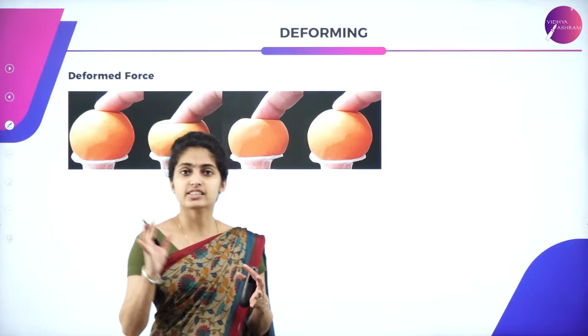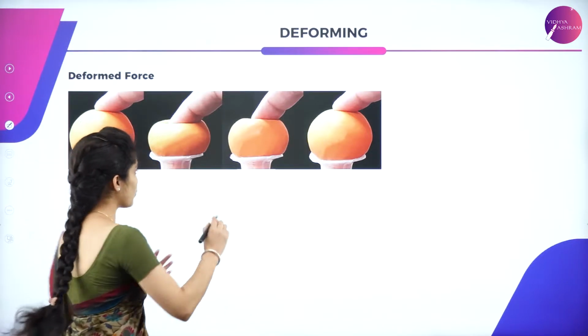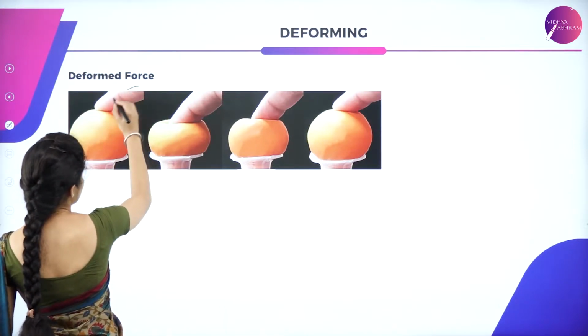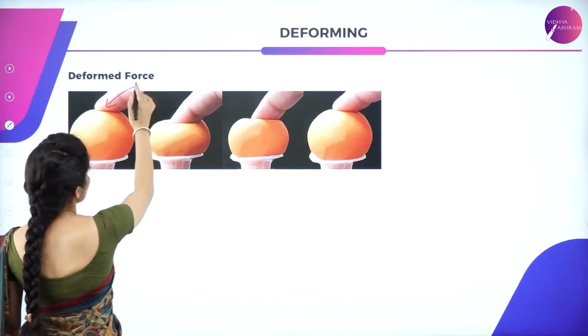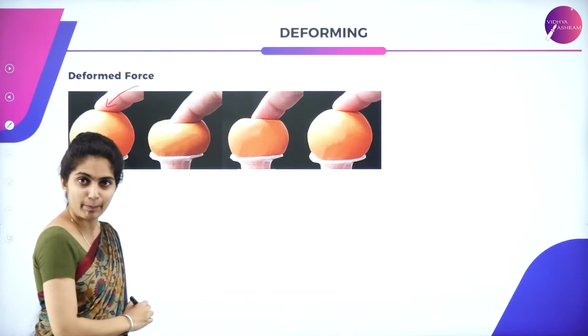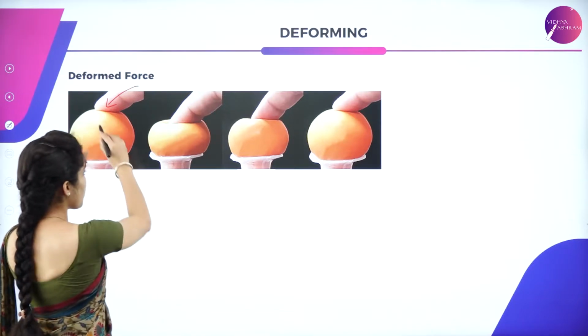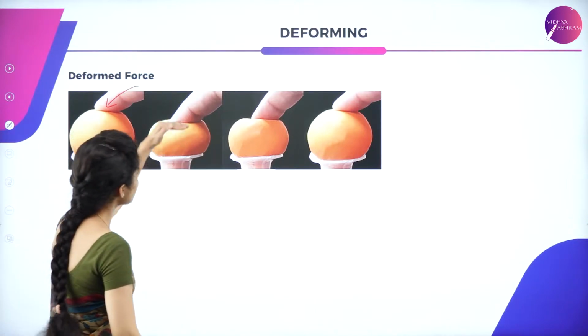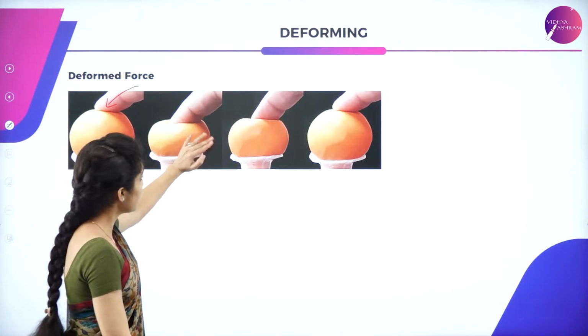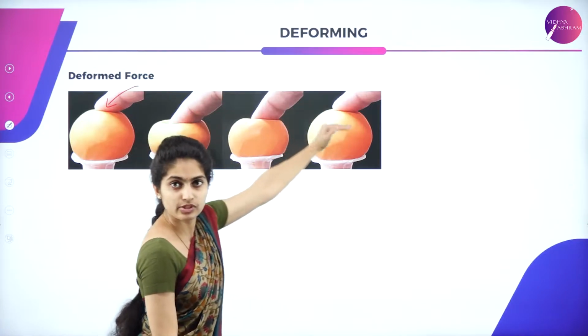So when an external force is applied, this is the force, finger is exerting a force on a ball. So when an external force is applied on an object, the object which is at rest, it undergoes some deformation, that is change in its shape. Again, it got back to its original position.